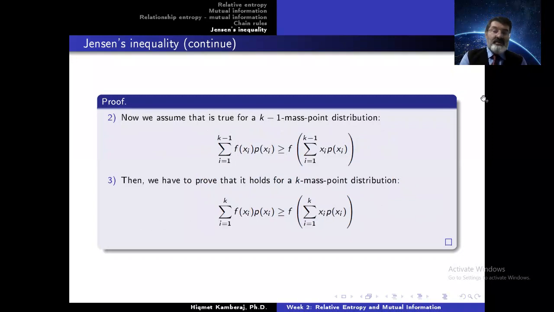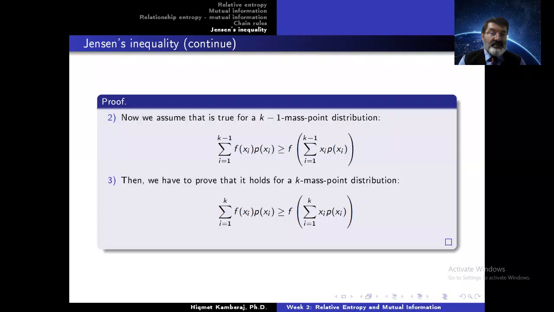Now we assume that this is true also for a k minus 1 mass point distribution. That is, the sum of i from 1 to k minus 1 of f of xi times p of xi, which gives the expected value of f of x, is greater or equal to f of the expected value of x, which is the sum of i from 1 to k minus 1 of xi p of xi.